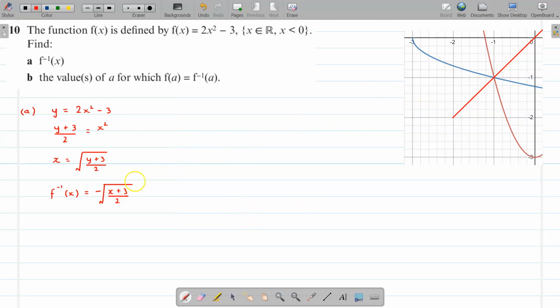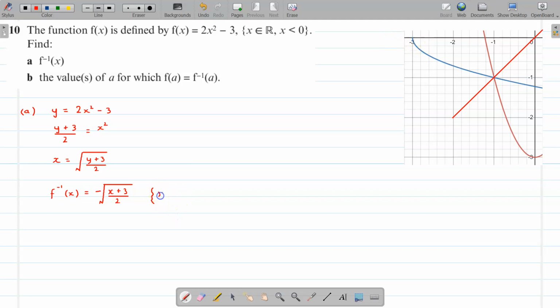So having established that, we now need to state its domain. Well, its domain, which you should always do, by the way, even if the question hasn't asked you for it, is that the values of x have to be greater than negative 3, because this blue curve never goes to the left of negative 3.